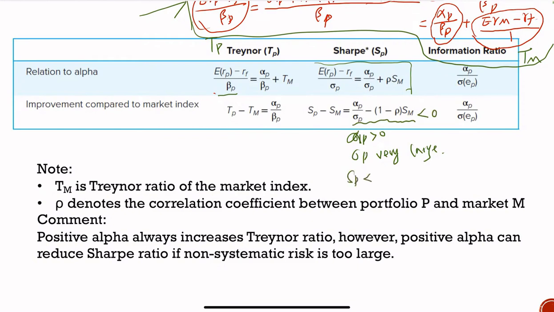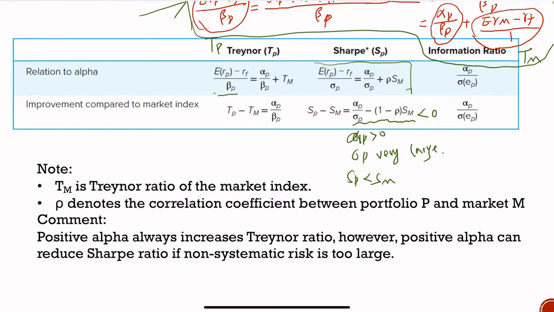This implies SP is smaller than SM. Right? So this tells you that even if you have positive alpha from your portfolio P, however, if the non-systematic risk of your portfolio P is too large, your Sharpe ratio will actually suffer. It will actually be lower compared with the market index.